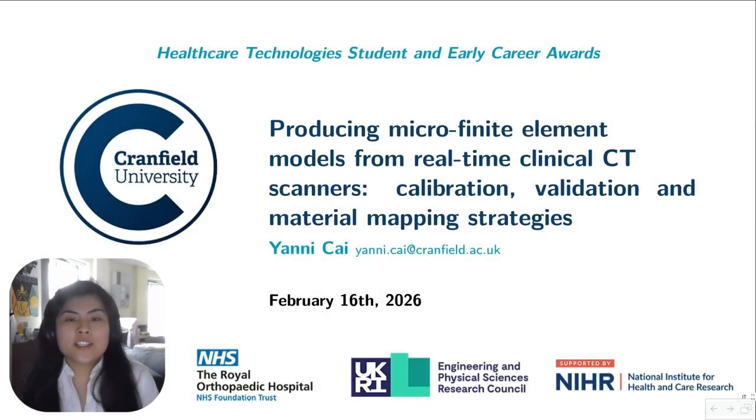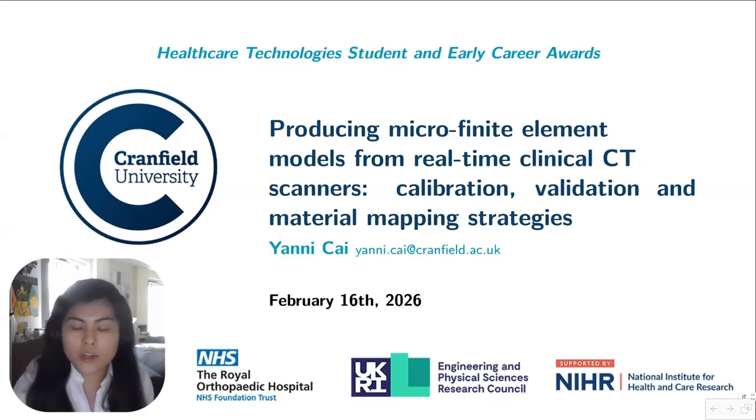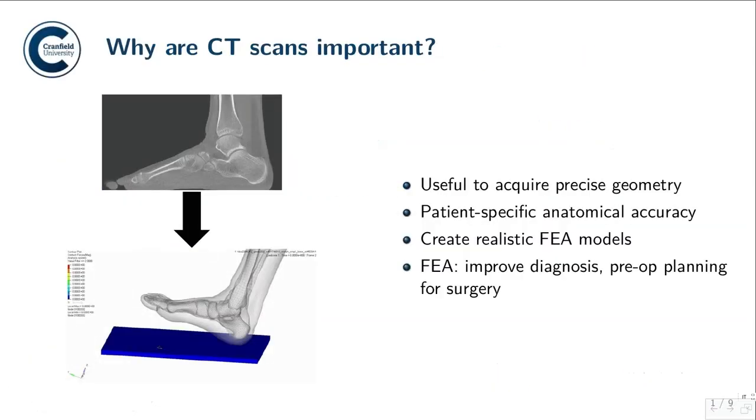Hello, everyone. So I'm Yanni, and I'm here to talk about producing micro finite element models from real-time clinical CT scanners: calibration, validation, and material mapping strategies. So we're talking about CT scanners because CT scans are very important. They're useful to acquire precise geometry of our body inside our skin without the need to carry it out and see with our own eyes.